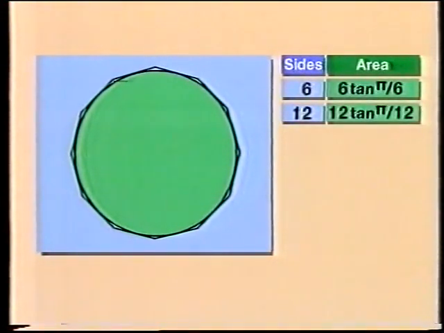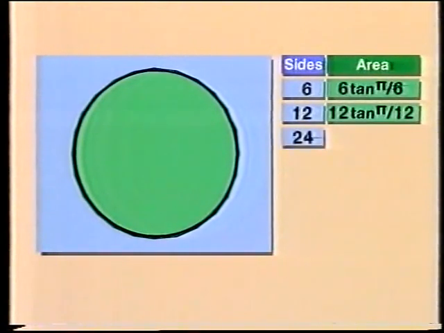For 12 sides, the same method gives 12 tan pi by 12. And again, there's a pattern emerging. For 24 sides, we get this.